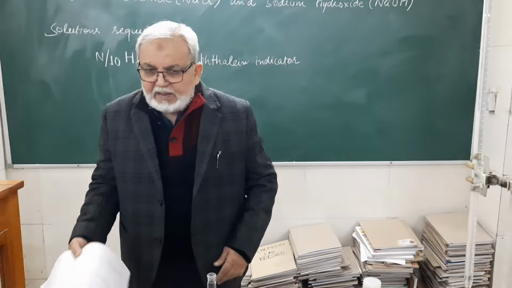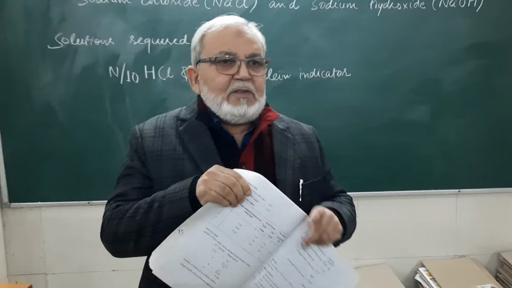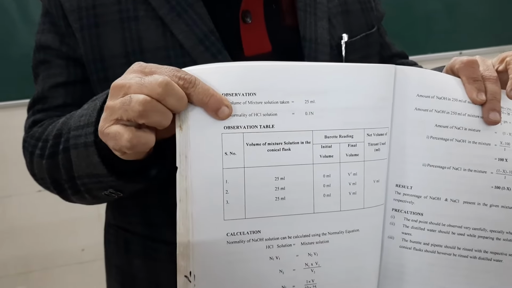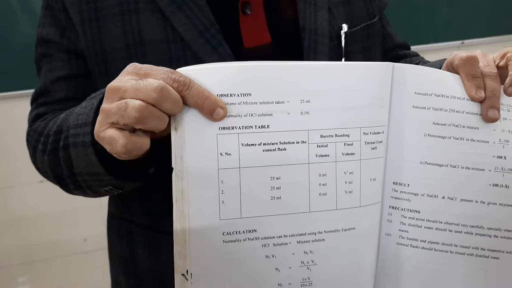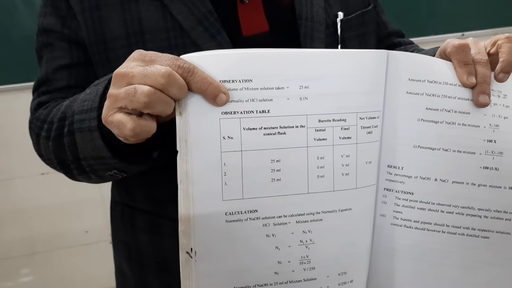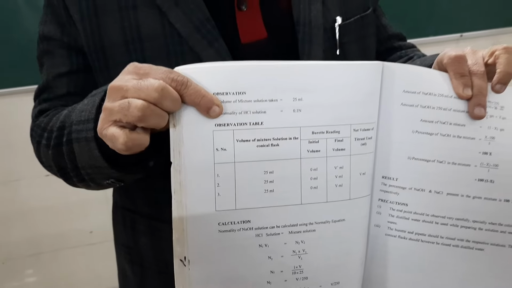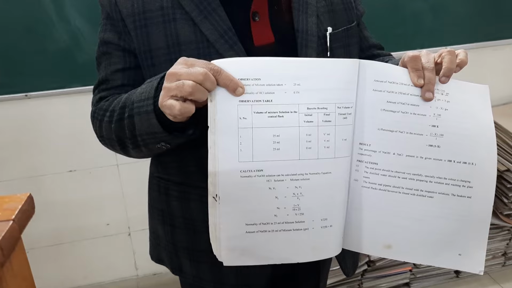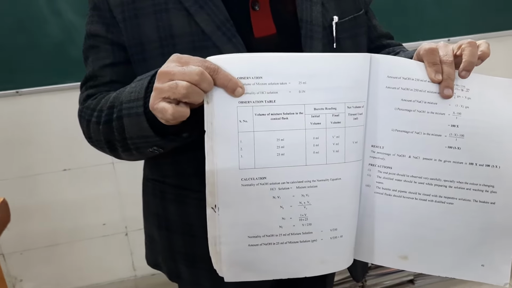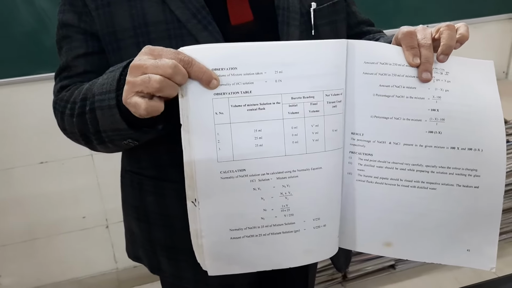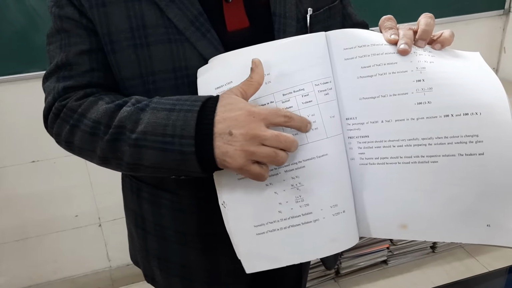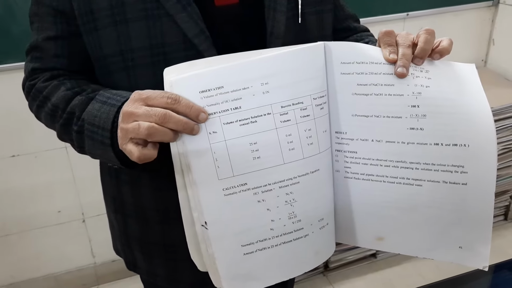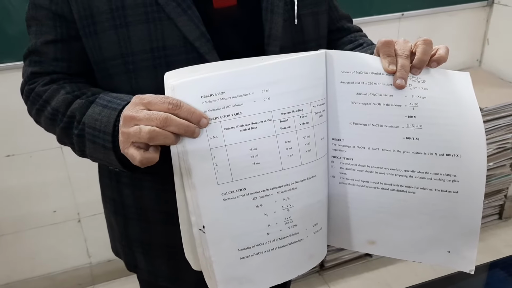You can see the observation table for this experiment. Here you can see that the concordant volume of HCl is considered as V ml.